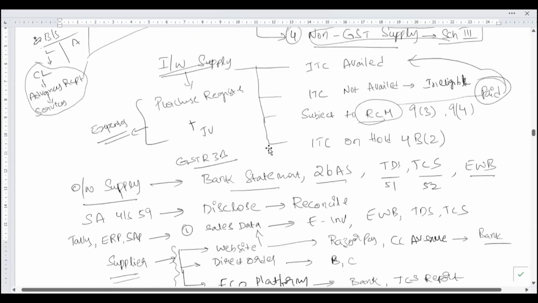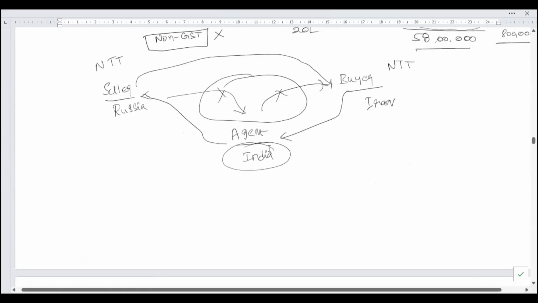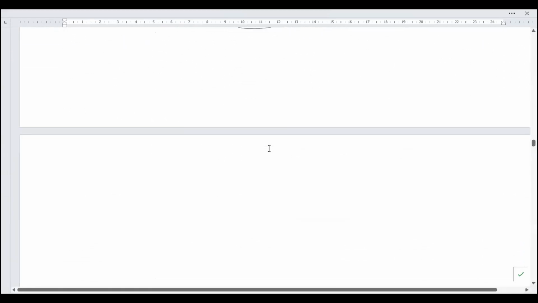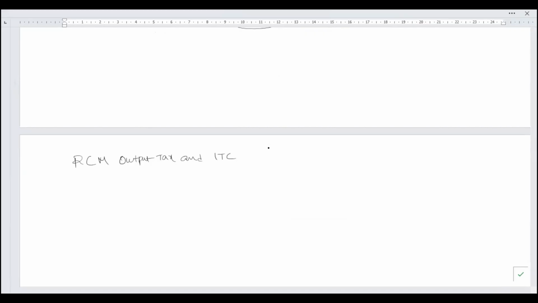So for this purpose, again, they brought one more ledger called the RCM, output tax, and ITC availed ledger.